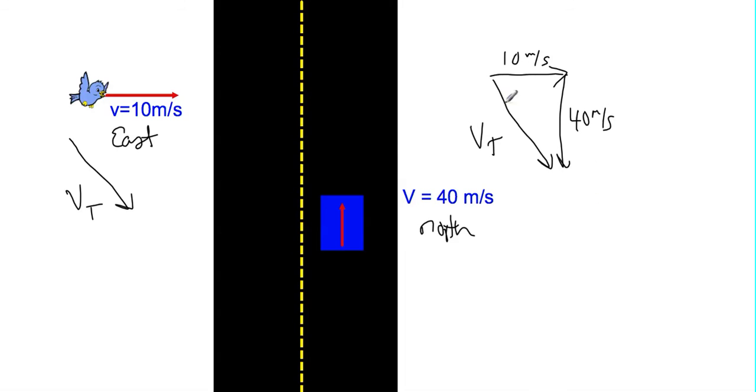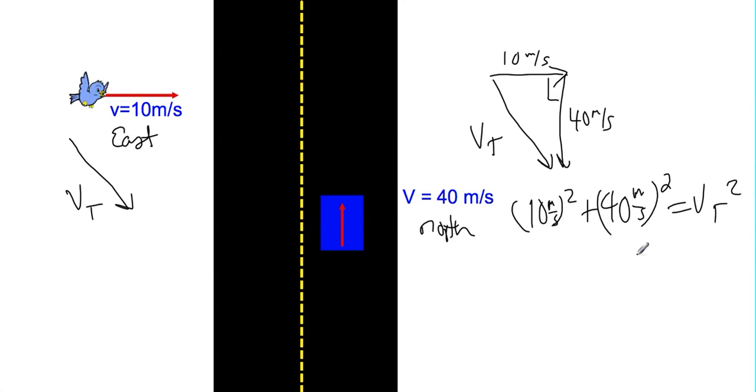So again, to find this, it's a simple right triangle problem because there's all xy plane values. So 10 meters per second squared plus 40 meters per second squared equals vt squared. My total velocity in this case is going to equal 41.2 meters per second.